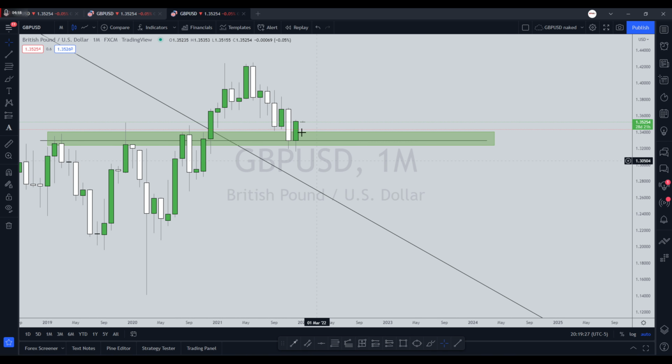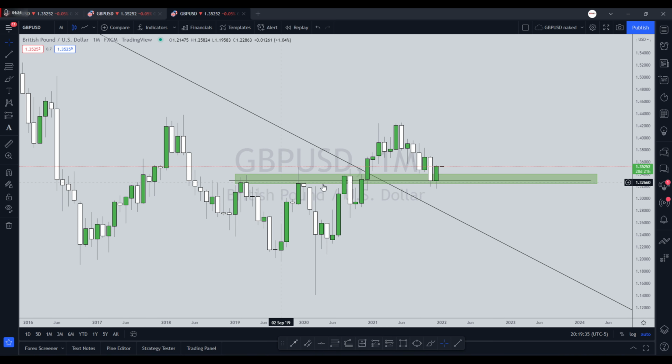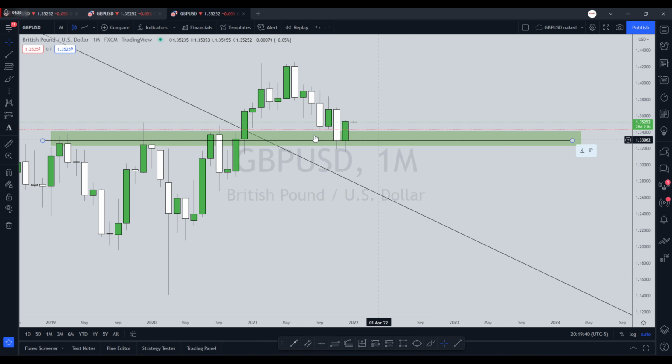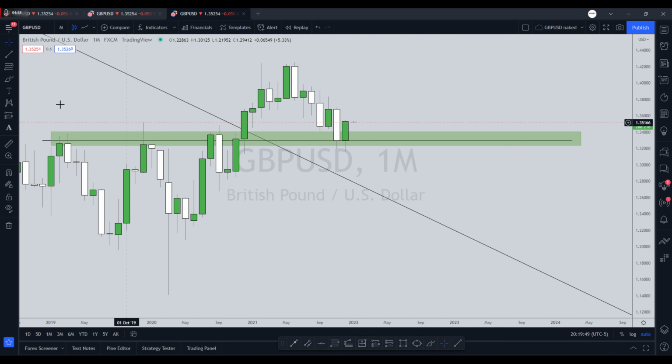So last month, December, tested the last area that it broke. Broke up structure right here, broke the lower high point, retested that lower high point again right here on a monthly time frame. So now that it made the higher low, now that made it a higher high, right? Because that's higher than this lower high right here.